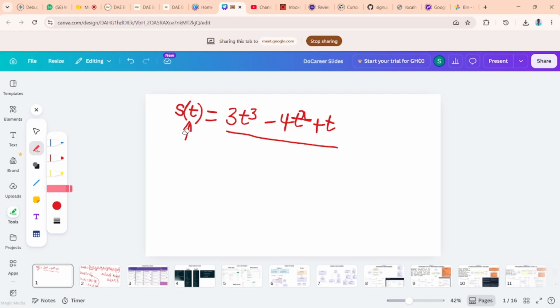So if you differentiate distance in the application, you usually say it's changing s over changing t, which is displacement over time. This gives you velocity or speed.